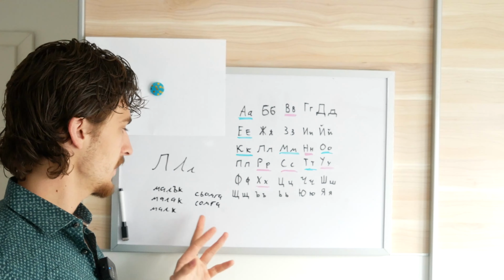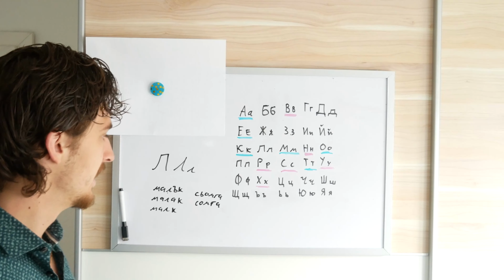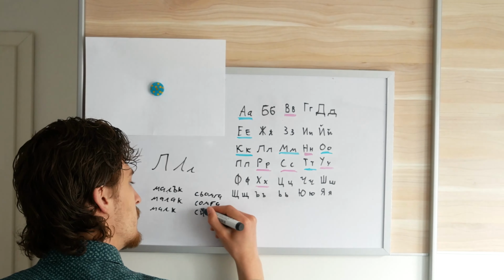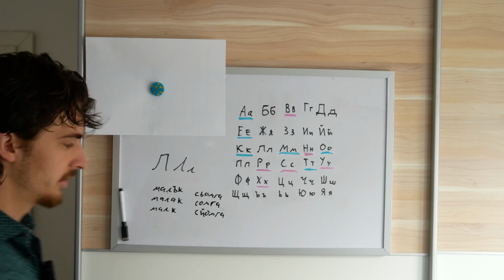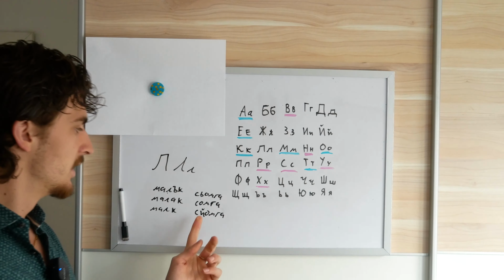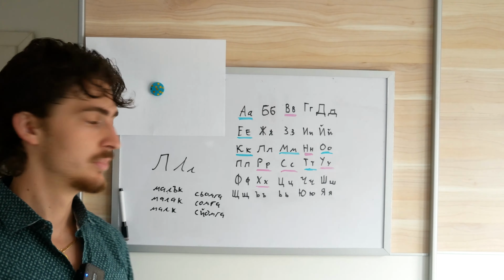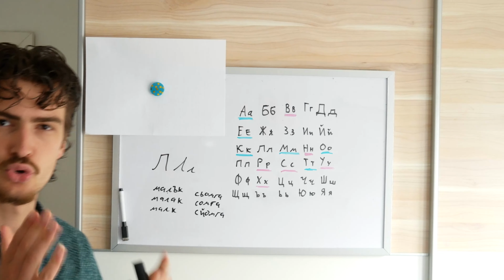And it always is followed by an O. If we would have written it with the i kratko I just told you about, which also is the Y sound, this would sound different. But the r malak makes it shorter.